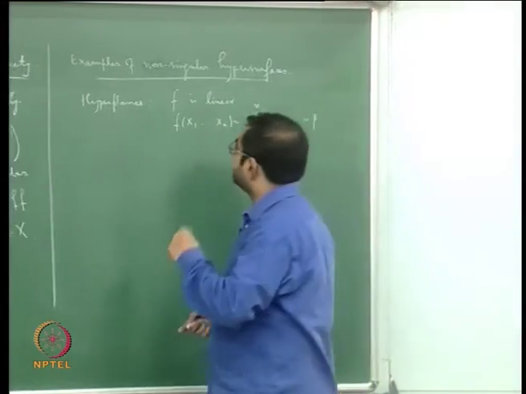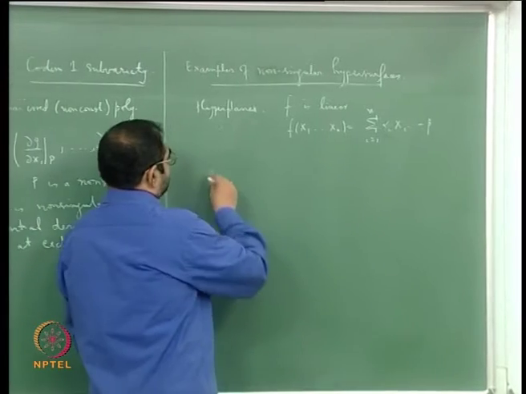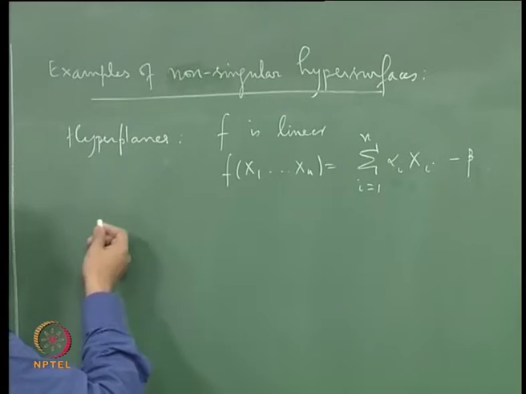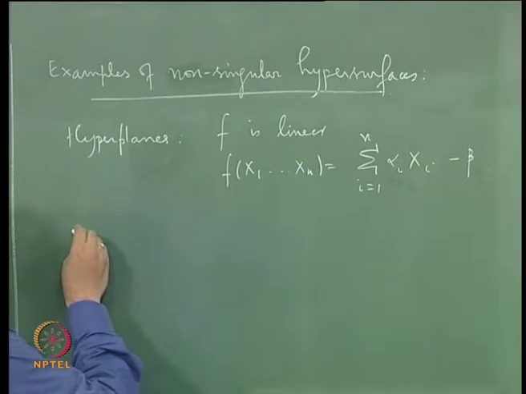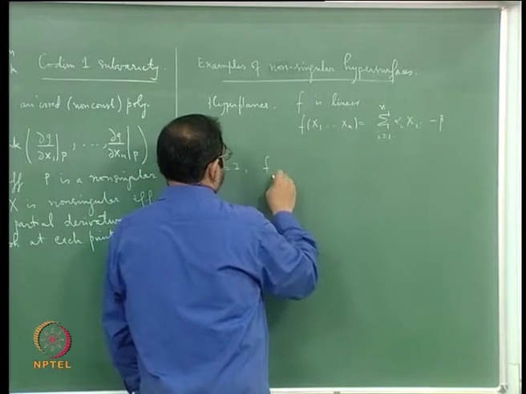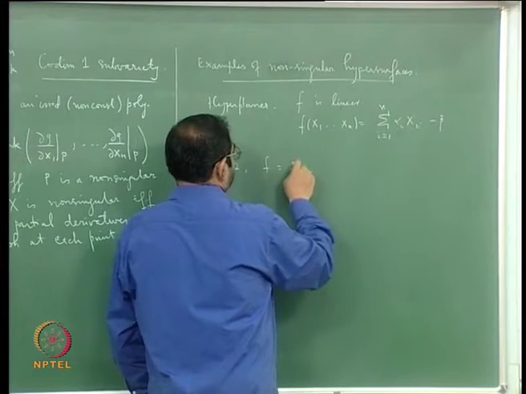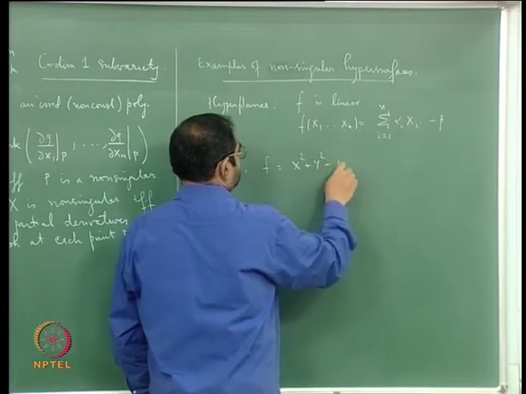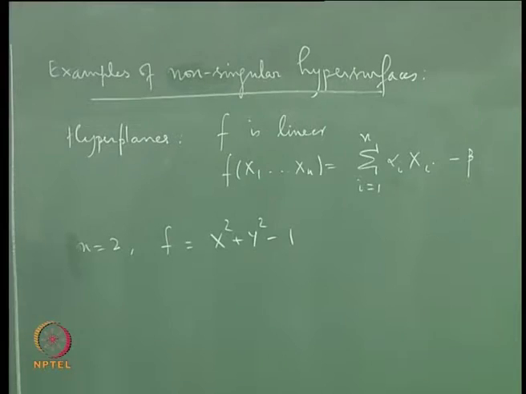So hyperplanes are non-singular, and then you can take things like n equal to 2, and you can take f to be x squared plus y squared minus 1. This is the circle in A2.